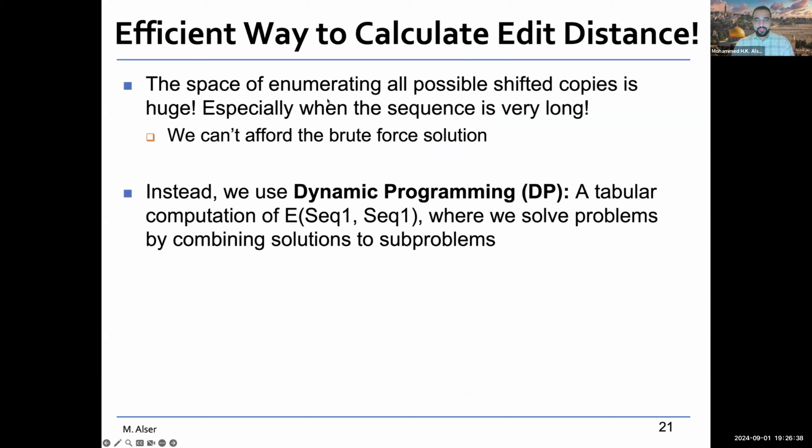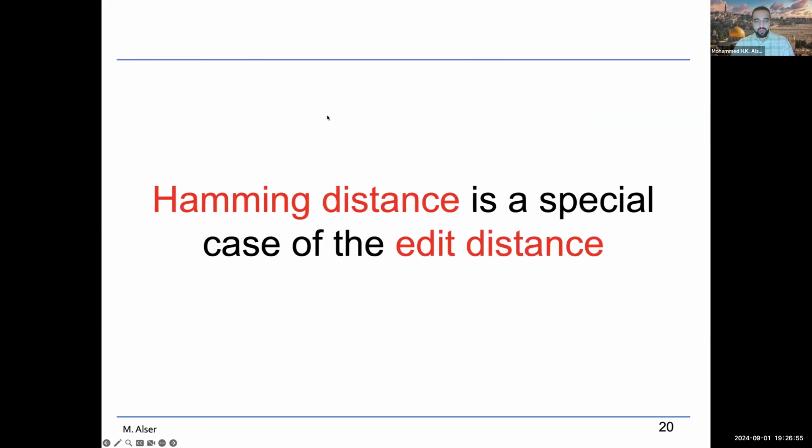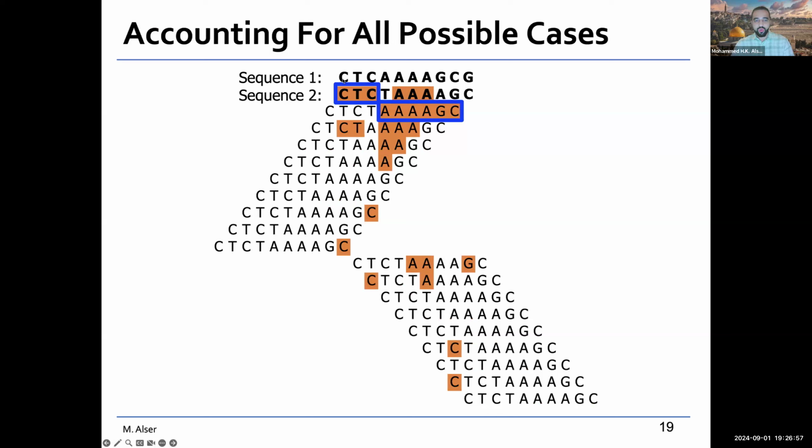So let's see now the way that I mentioned about calculating edit distance in a very efficient way, different from the way that I just showed. The space of enumerating all possible shifted copies is very huge. Think about a sequence here. Sequence number 1 is a million characters long.